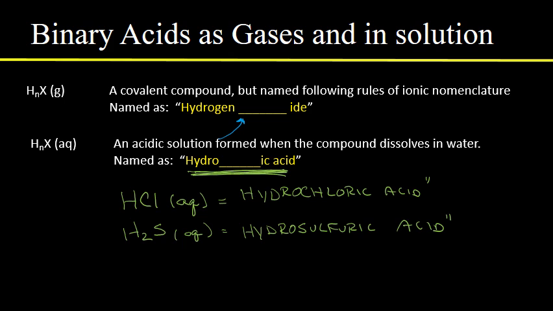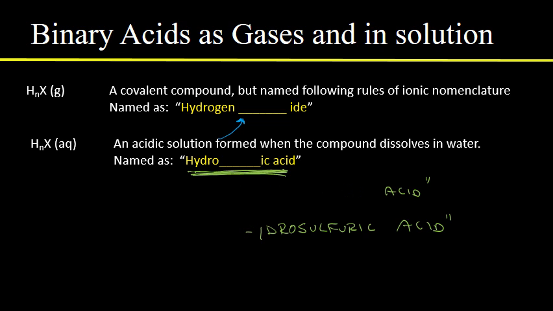Now these are made from the simple anions on the right-hand side of the table, the nonmetals. But really, it's almost only the halogens and sulfur, of course, as we just did an example.